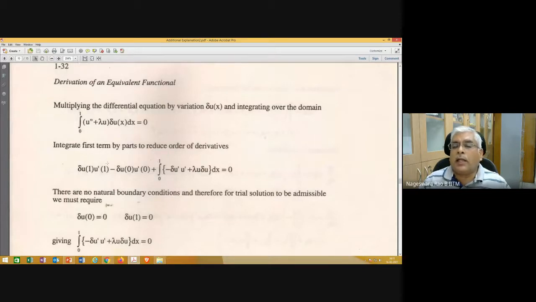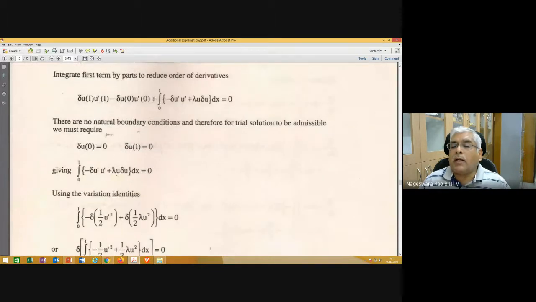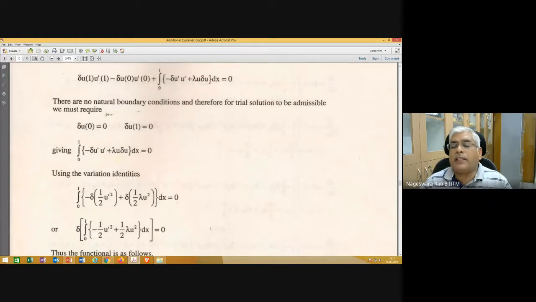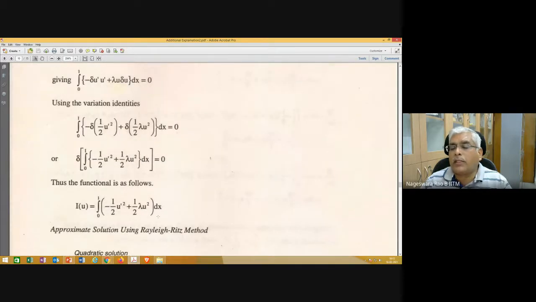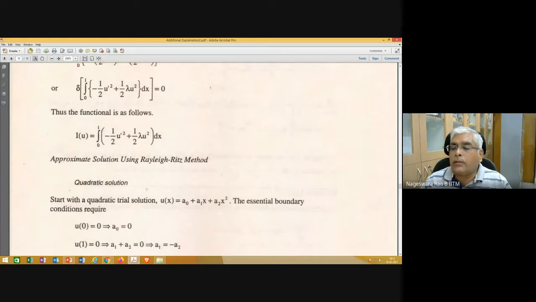Take the given differential equation, multiply with variation of the quantity that you are trying to approximate, integrate over the problem domain, apply integration by parts, and then also apply the condition that variation of u is going to be equal to 0 wherever essential boundary conditions are specified. Based on that you simplify and you are going to get the equivalent functional. Once you get the equivalent functional, you assume some trial solution.